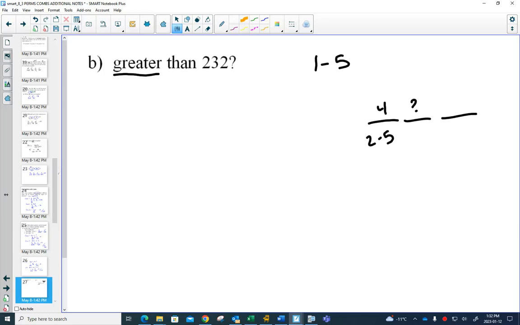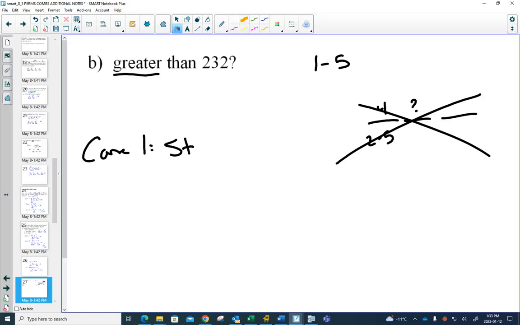So what I do with these greater than ones, since doing it all at once will not work, is I always start off with the case that makes no more restrictions. In other words, if I started with a 3, 4, or 5, it doesn't matter what the other numbers are. All my numbers in the 300s, the 400s, the 500s are guaranteed to be bigger than 232, no matter what numbers I use after that.